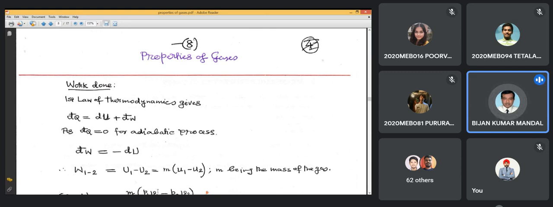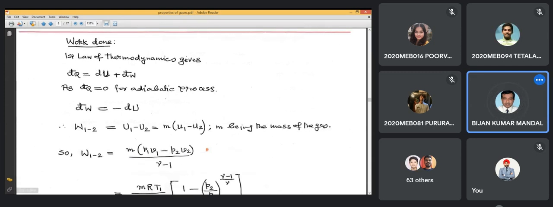So the integration of du is equal to u2 minus u1, but we cannot write w2 minus w1; rather we write the total work done in that process, w12. Similar is the case with heat transfer. The capital U1 and U2 are the total internal energy, written in terms of specific values, small u1 and small u2, multiplied by the mass.